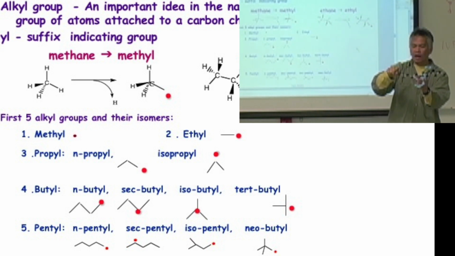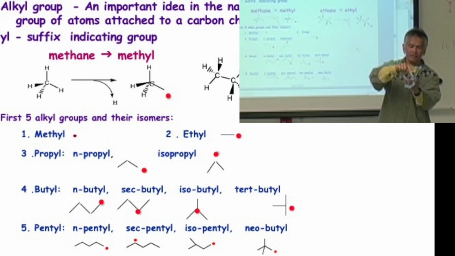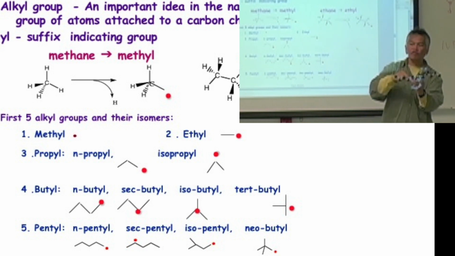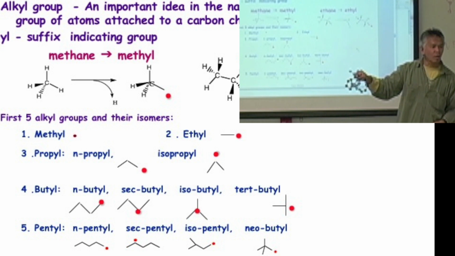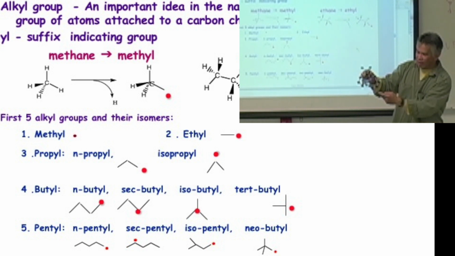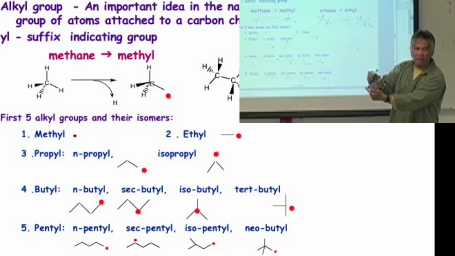If you count 1, 2, 3, 4, 5, 6, 7, 8, 9, 10, 11, 12, there are 12 carbons in the backbone right here. It could be distorted like that, and hidden so that it's not obvious that you have 12. But you have to count the longest continuous chain. And if you find the longest continuous chain, it's got 12. Okay?